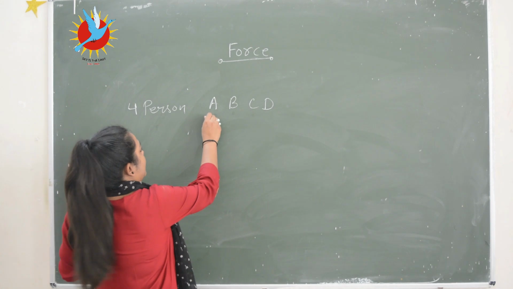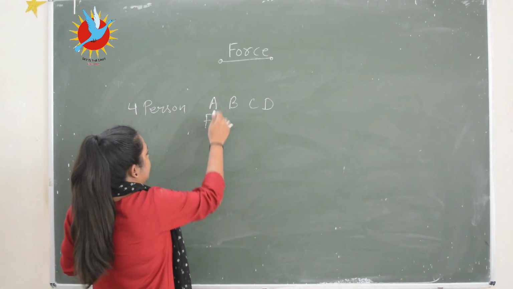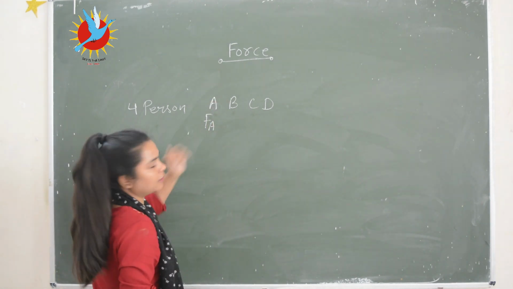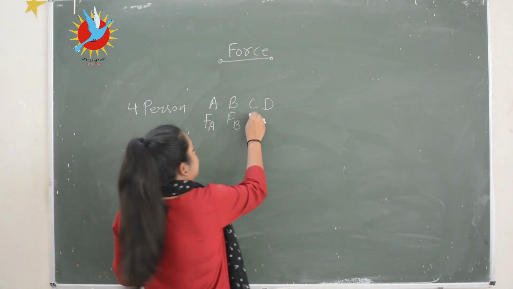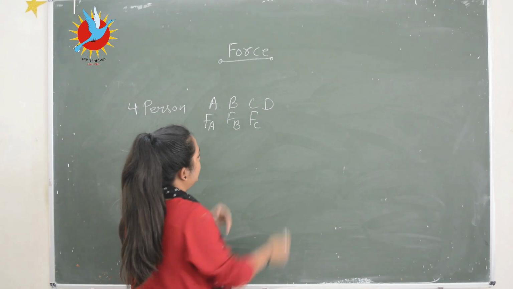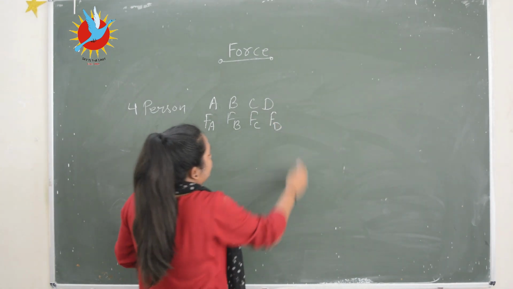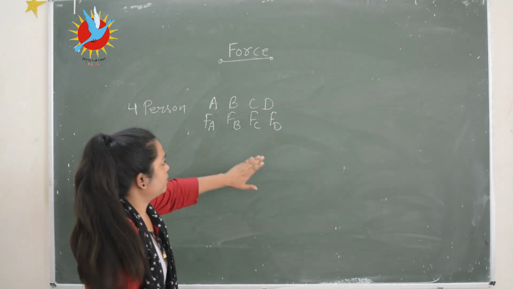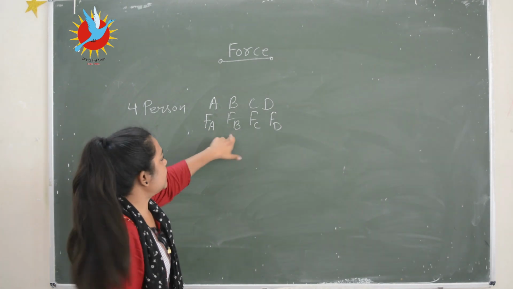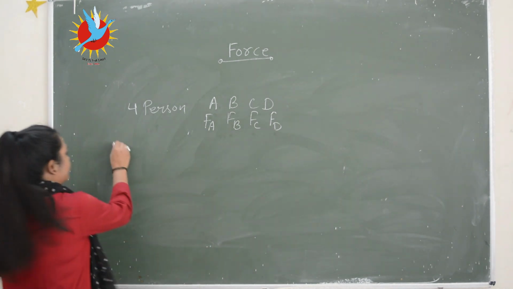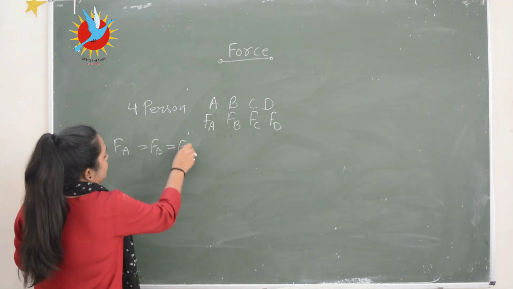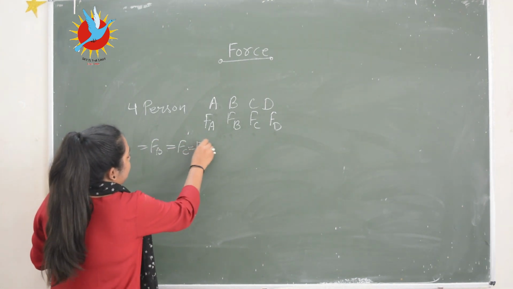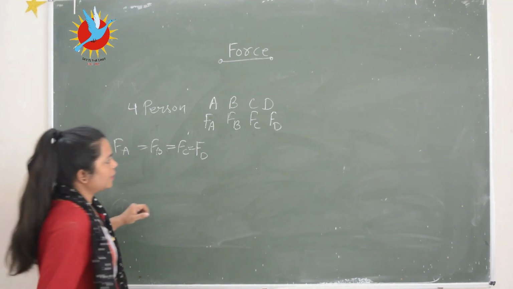Suppose A is applying a force on an object FA, B can apply a force on an object FB, C can apply a force on an object FC, and D can apply a force on an object, that is FD. Now as I told you, all these forces are equal. FA is equal to FB, which is equal to FC, and this is equal to FD.